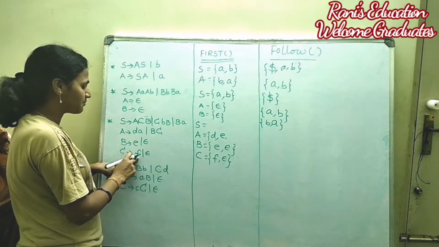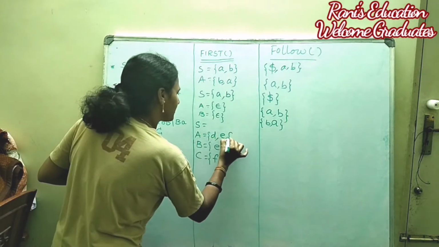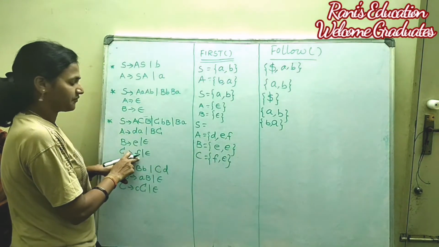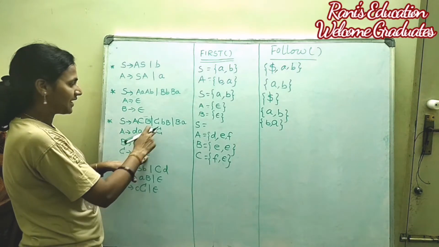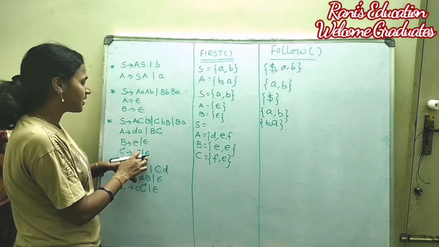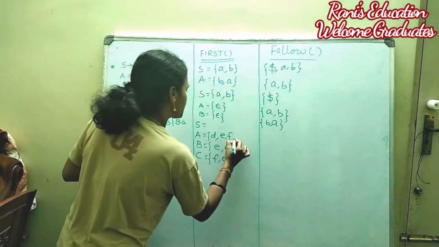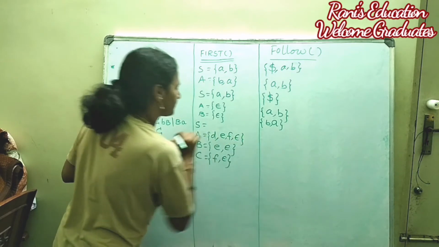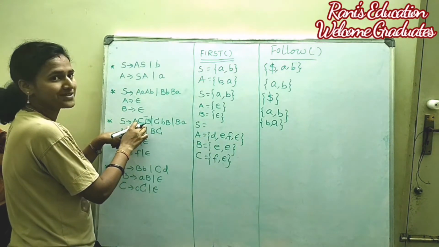If I replace C by f, then we'll get the terminal f. If I replace C by epsilon also, here we have replaced B by epsilon and C by epsilon, then what will we get more? For the production A, we'll get epsilon as one of the terminals. That's it.